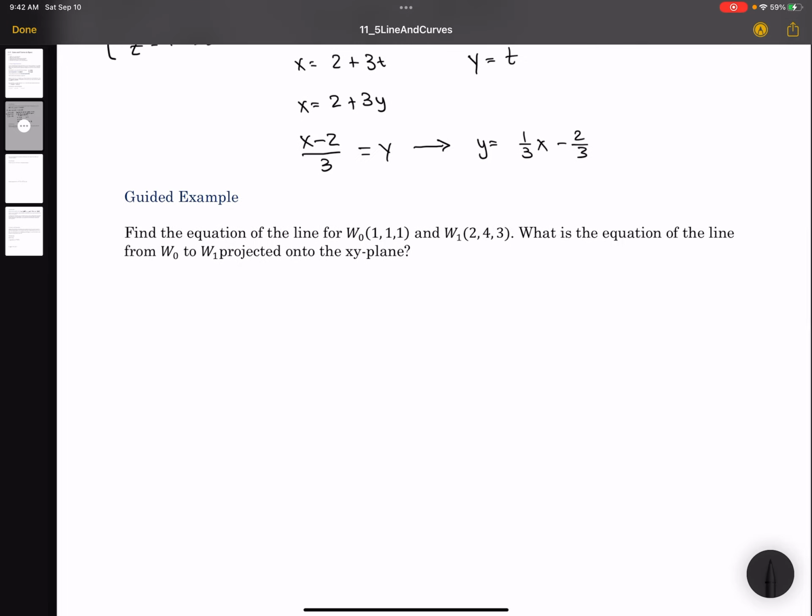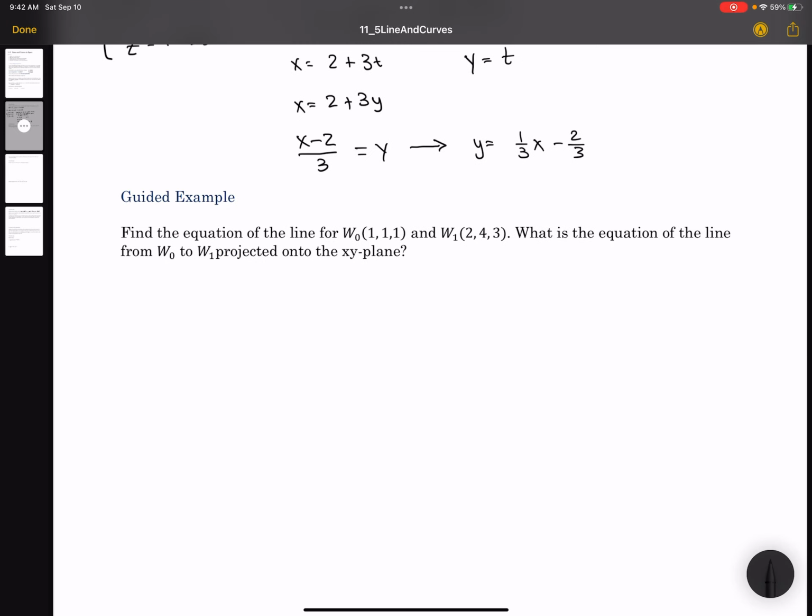So in this one, you pause the video, see if you can come up with the equation of the line, and then project the line onto the xy plane. All right, so if you're joining me, first we need to find our direction vector. So our direction vector is 2 minus 1, 4 minus 1, and 3 minus 1.